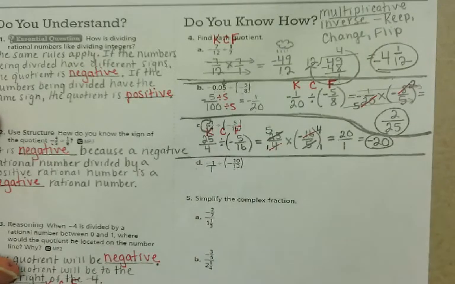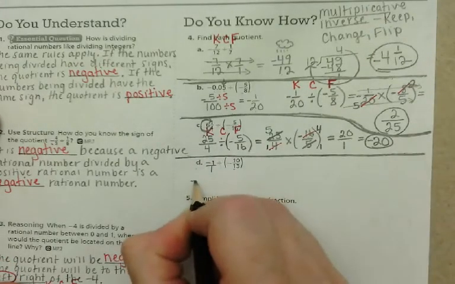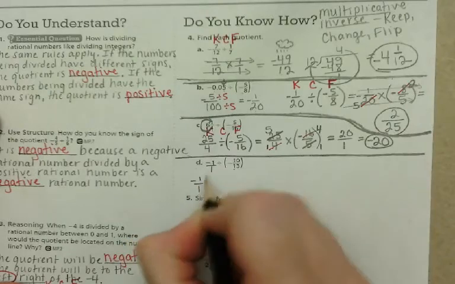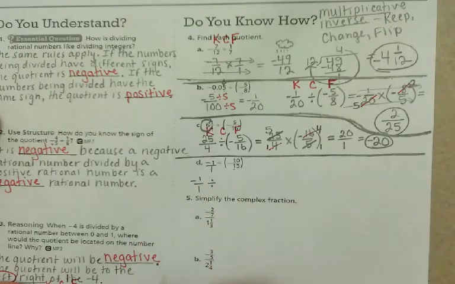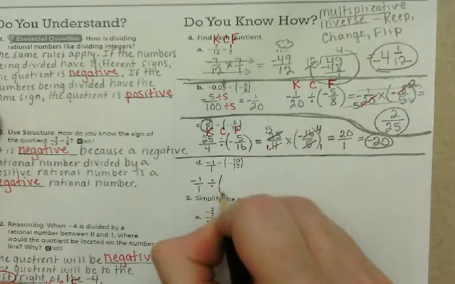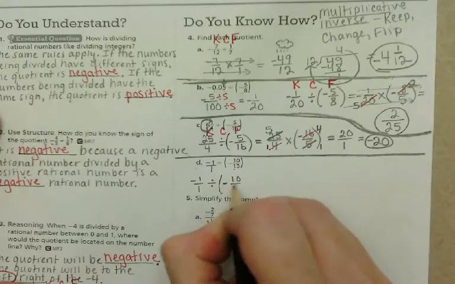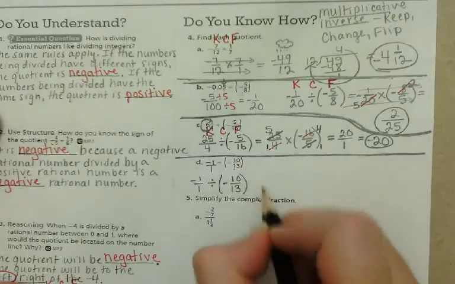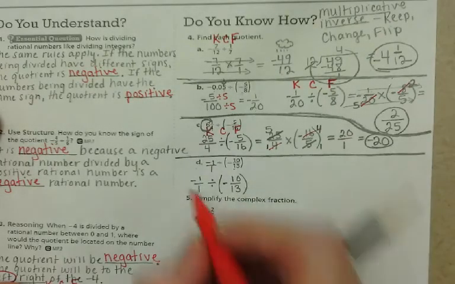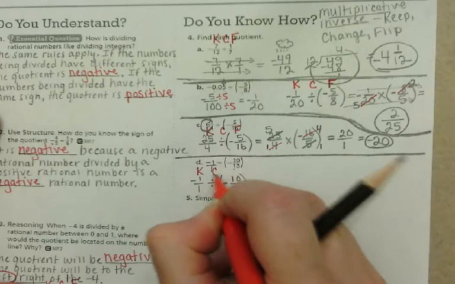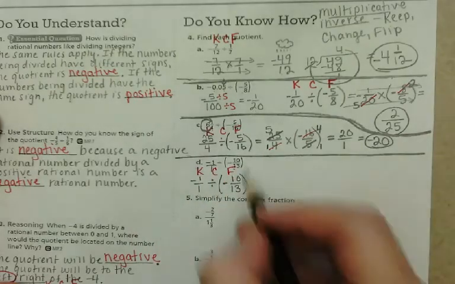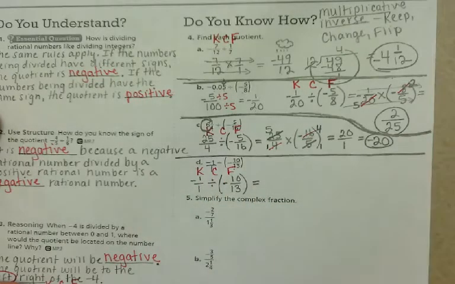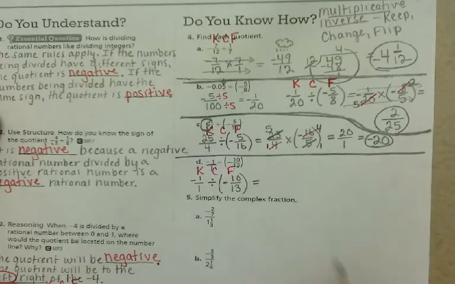Okay, for the last one, we put our whole number over 1, bring down the division symbol, and the simple fraction, the proper fraction here, we can just bring it down. We're going to change this to a multiplication problem by using the keep, change, flip slogan.